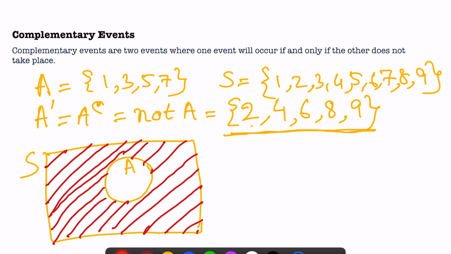So that is the complement of A. And of course we can also write A union A complement is this whole sample space, right? So if we consider both A and A complement, then we will get the whole sample space.